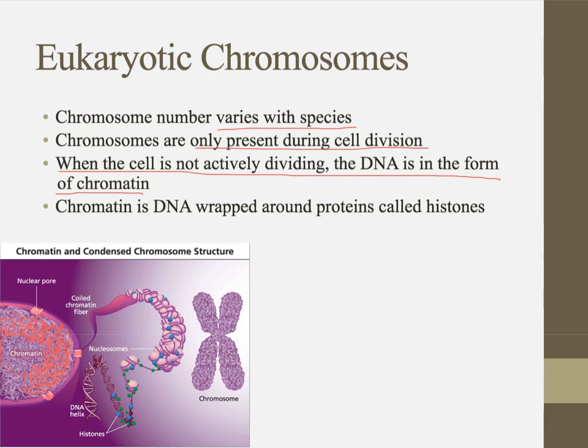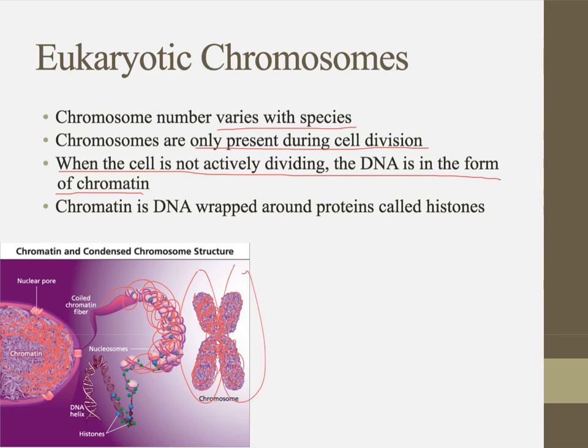When the cell is getting ready to divide, that chromatin coils up and becomes super organized and eventually forms this chromosome shape, which is organized chromatin. It's just a lot easier to move around and to make sure that each new cell gets what it needs in terms of DNA than it is trying to move all this loose junk.